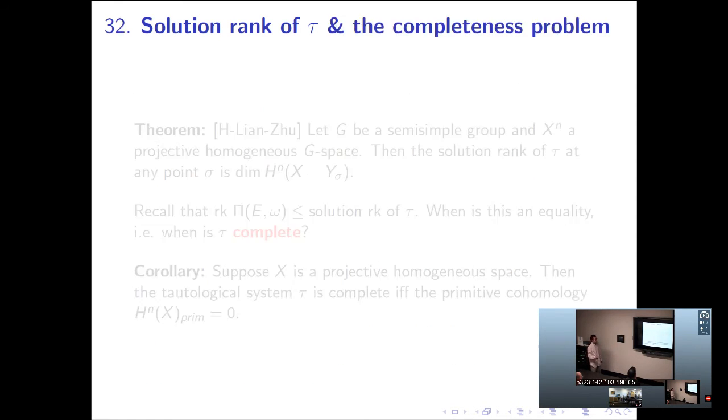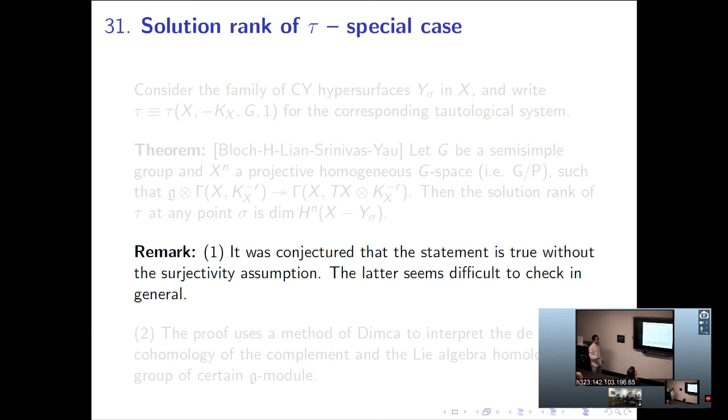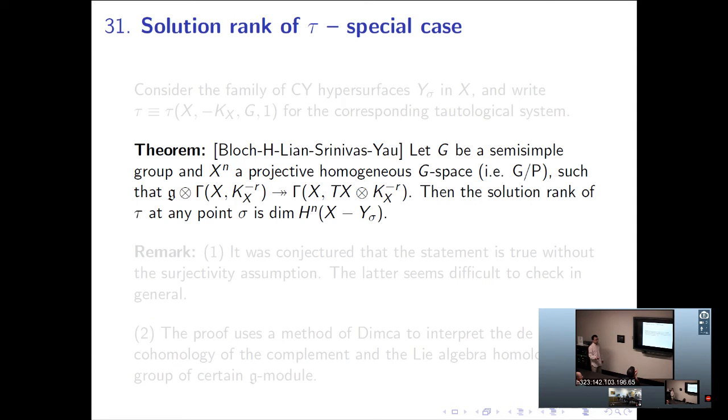Wait, so the dimension of that middle cohomology there, can't we write that in terms of the cohomology of y sigma? Yeah, there's a short exact sequence, and then also the Lefschetz hyperplane theorem. But y sigma can be singular.